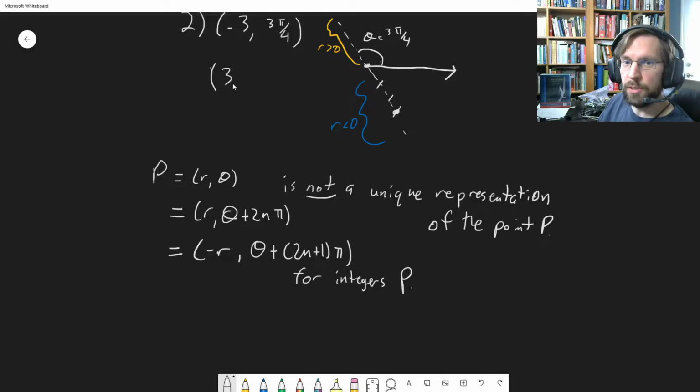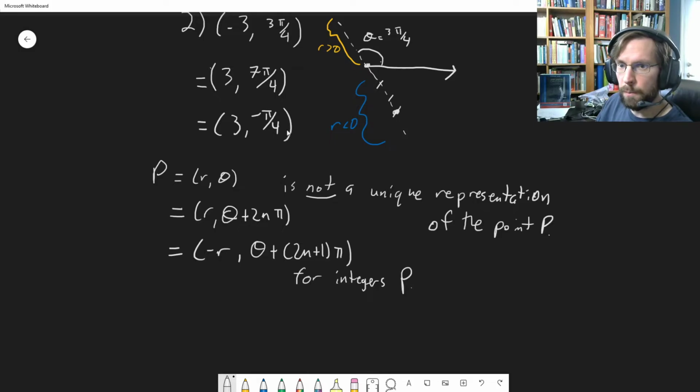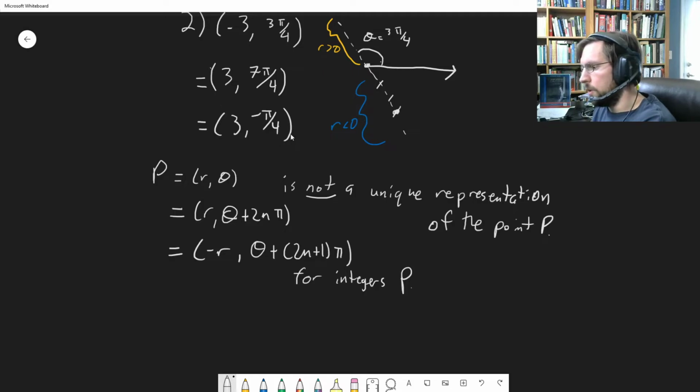So we could rewrite this as 3, but then we could add pi to the angle. If we add pi to the angle, then we would get 7 pi over 4. Okay, so those are two ways to write the same point. We could also write this as 3, negative pi over 4. So 3 different ways we could write the same point.